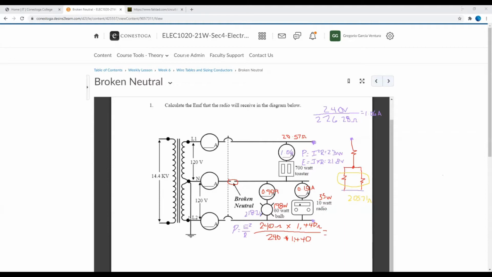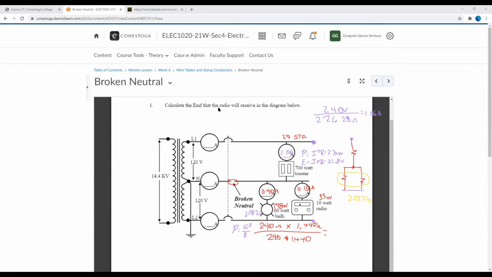Well, the good news is that if you happen to lose the neutral right at the transformer for some odd reason, and your neutral conductor is grounded, then this is not going to happen. If your neutral is properly grounded, even if you lose the neutral at the transformer, the grounding or the bonding to that neutral is going to serve as your returning path. And this is not going to happen in the circuit.